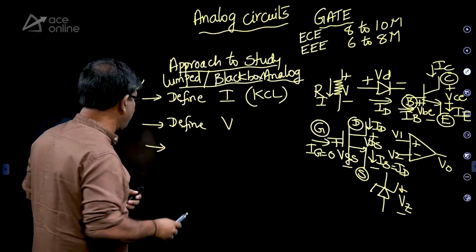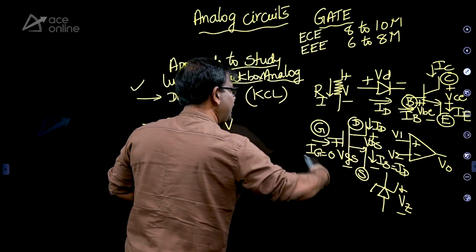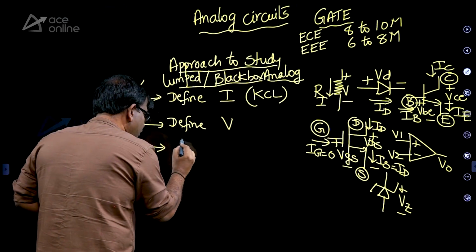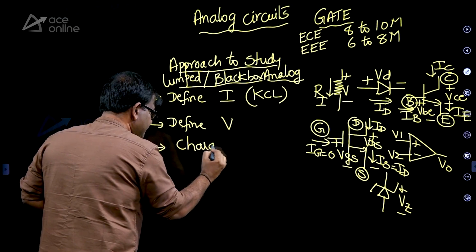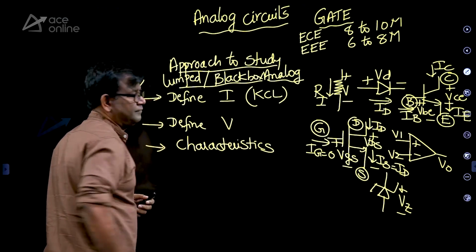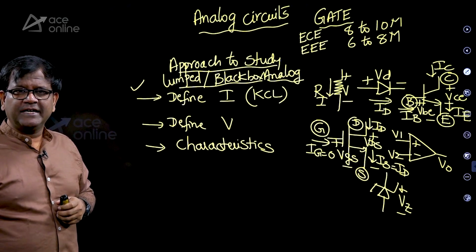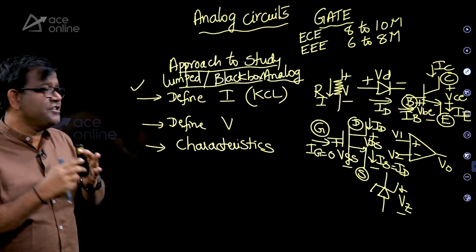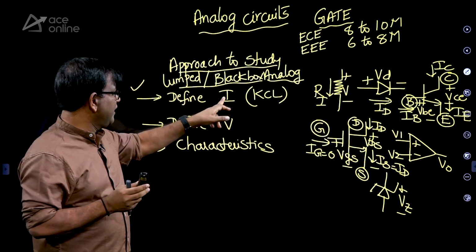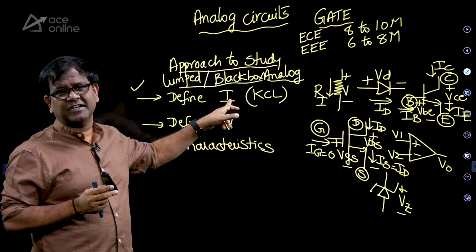The second thing what you do is, don't think what is happening inside, don't think what is happening outside, just worry only about characteristics. Just worry only about what? Characteristics. The relationship between the node voltages and the relationship between the branch currents, right?